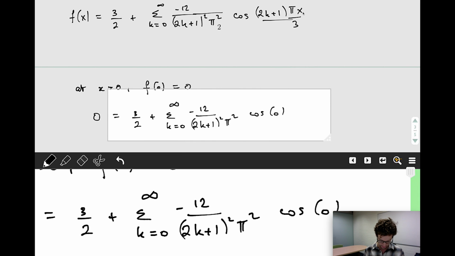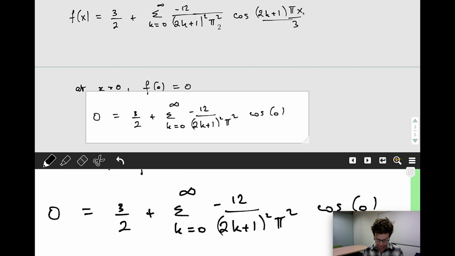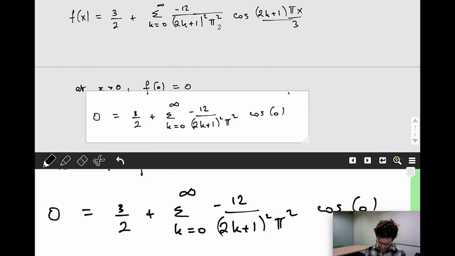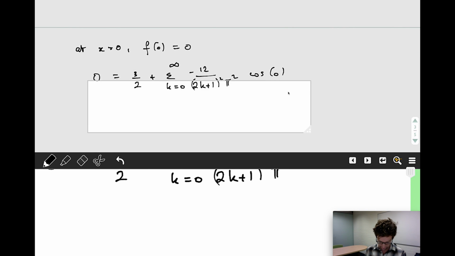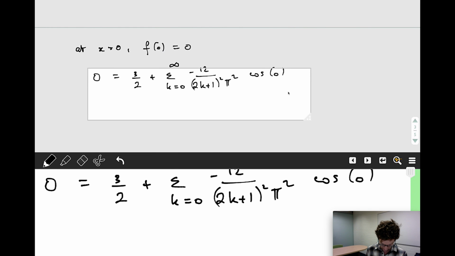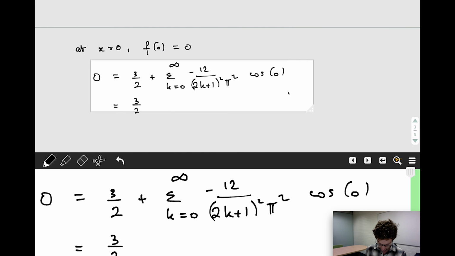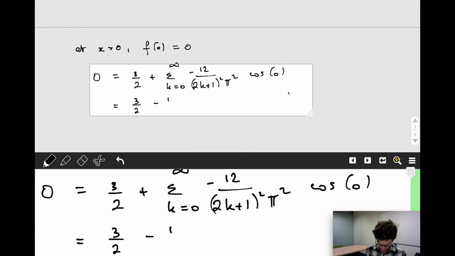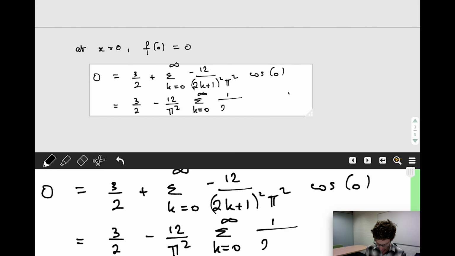So I have an expression here that involves some numbers and pi, but it doesn't involve any angles or x. Let's see if we can write out the first couple of terms. So we've got 3 over 2, let's take out that factor of minus 12 over pi squared. Again, cosine of 0 is just 1, so I don't have to worry about that.